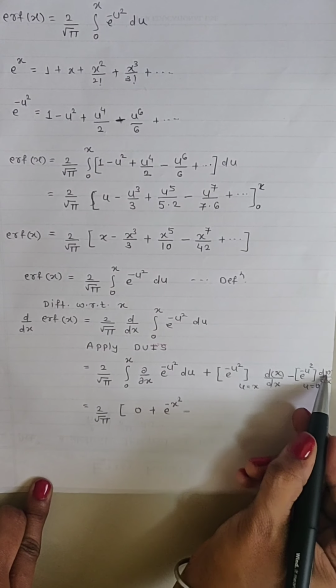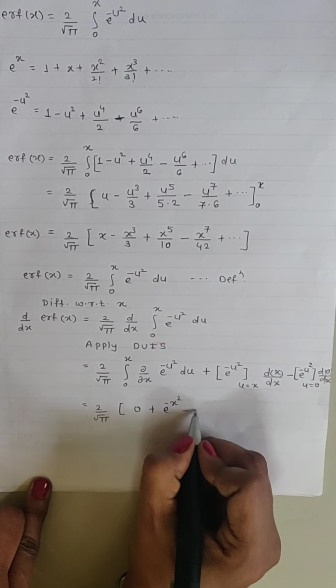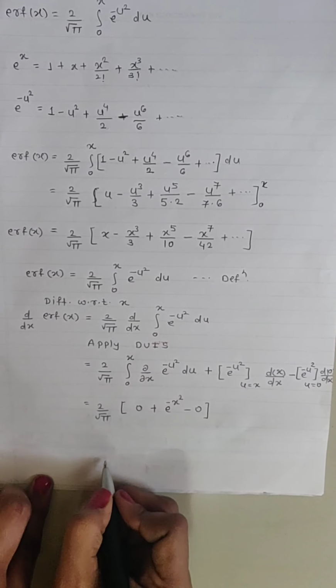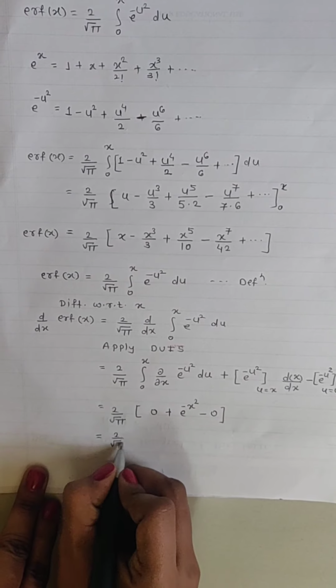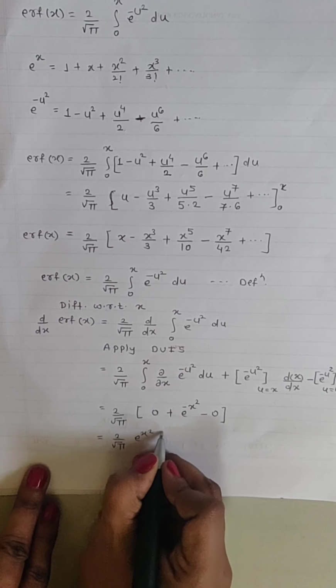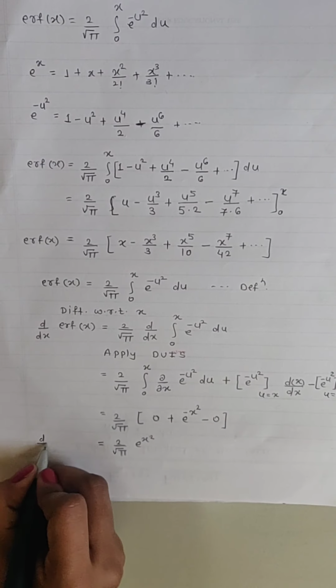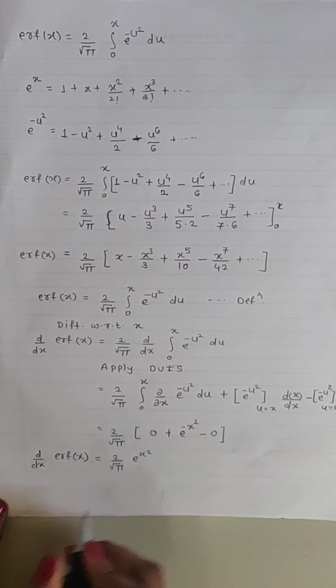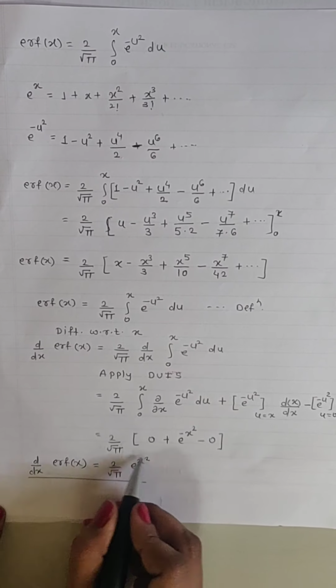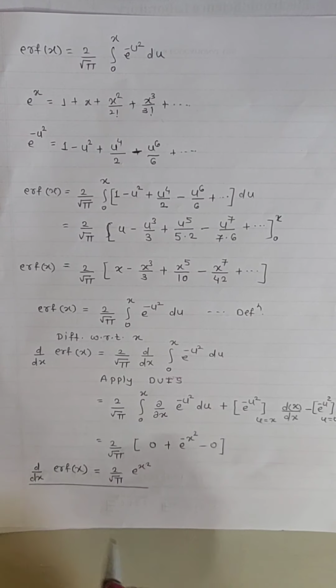And minus, the lower limit is 0, so that answer is 0. The remaining terms are 2 upon root pi e raised to minus x square. So this is the value of the derivative of the error function of x. Here the answer is in terms of x. Thank you students.